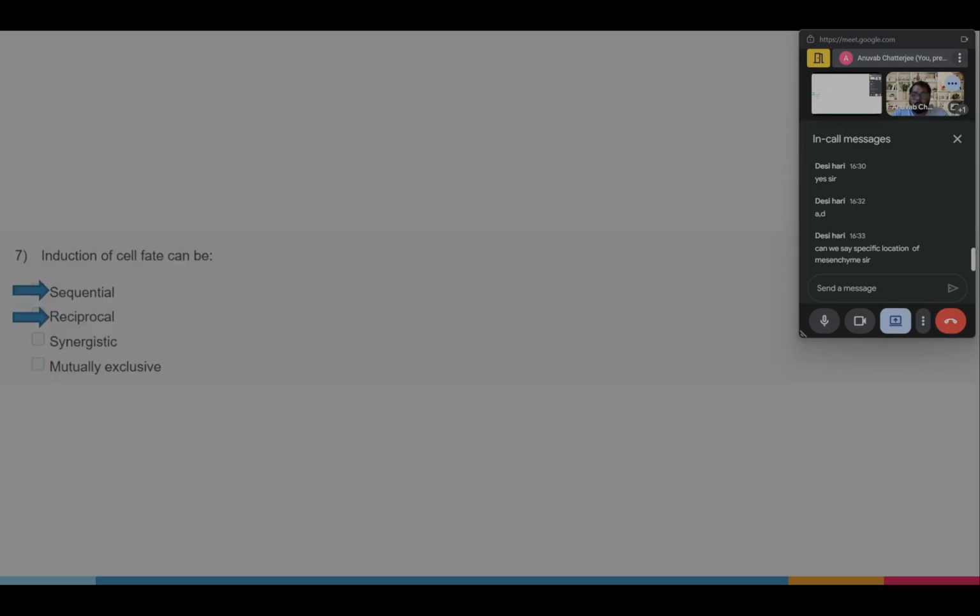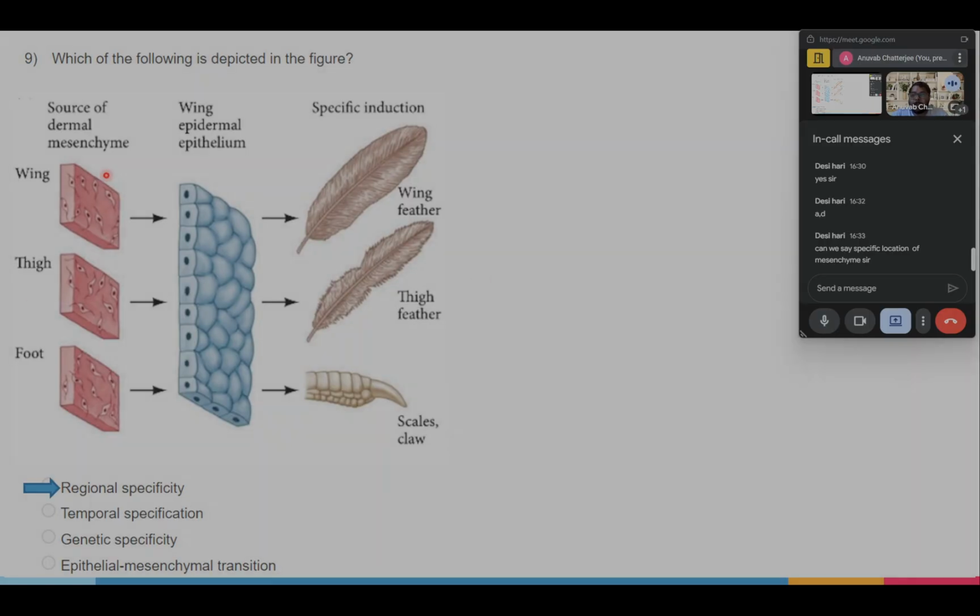Different mesenchymes from different parts of the body give out different signals, which cause the competent epithelia to form what the underlying mesenchyme wants it to form. So it depends especially on the location of the mesenchyme. You're correct. Is it fine? Okay.